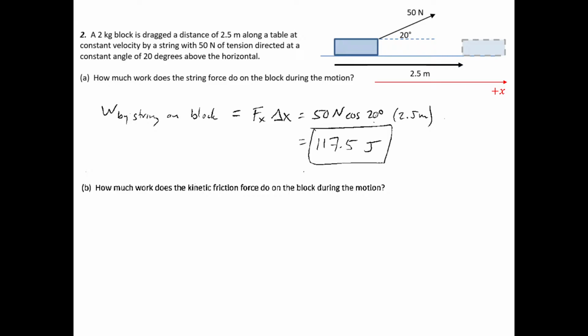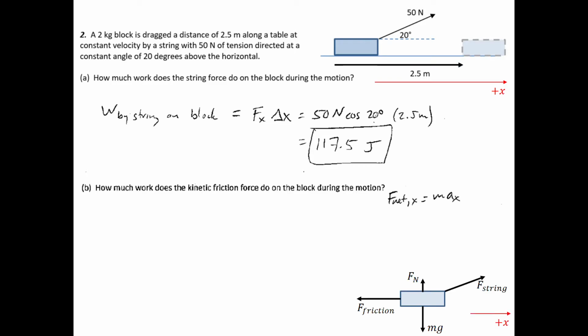If we were pulling a box along a frictionless table with this constant force, it would keep accelerating more and more to the right and go faster and faster. So if it's being moved with constant velocity, there must be some friction force to the left to counteract that constant positive x component of the force going to the right, so that there's zero acceleration.